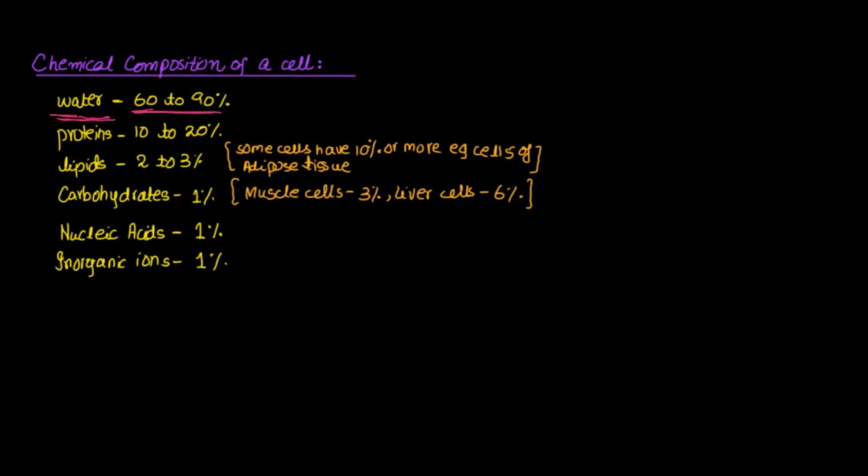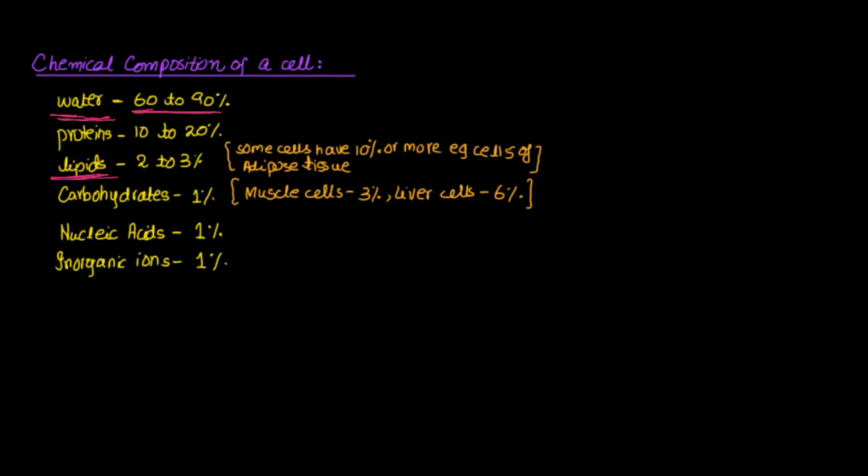Then we have proteins, they constitute 10 to 20%. Then we have lipids, and they make up 2 to 3%. But in some cases, we have 10% lipid in a cell. For example, in cells of adipose tissue.